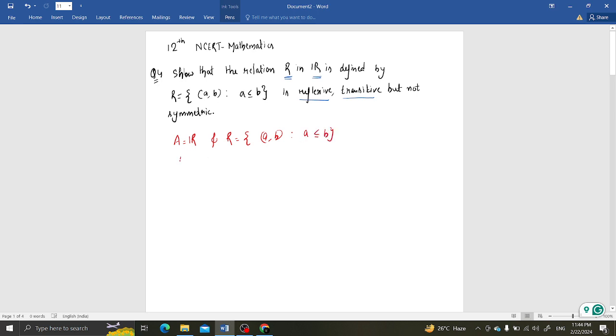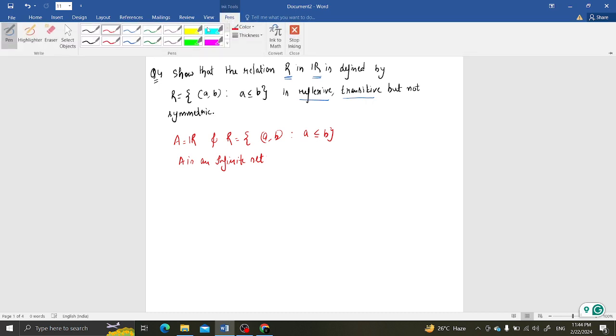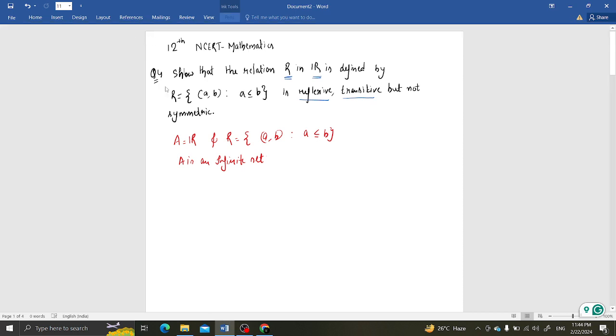Here you observe A is an infinite set. So it is very typical to write each element of R. In general, if some property fails, then we need to give a counterexample.